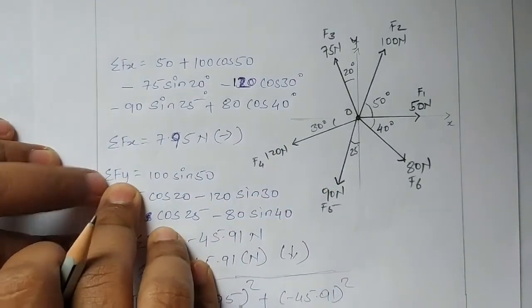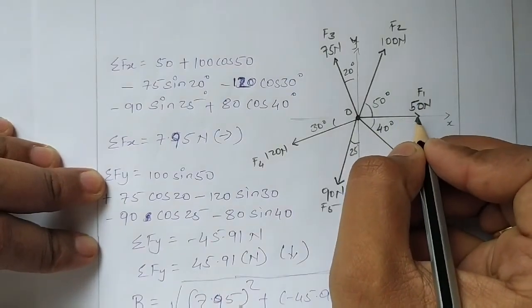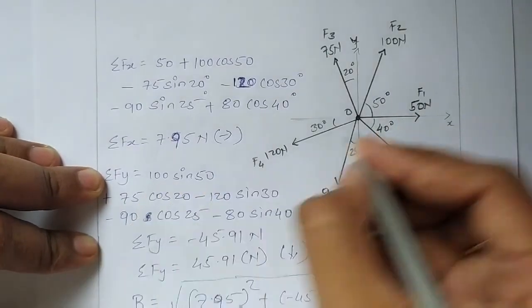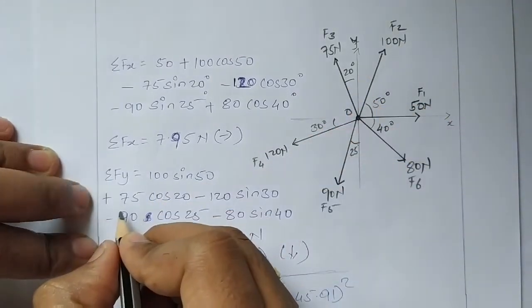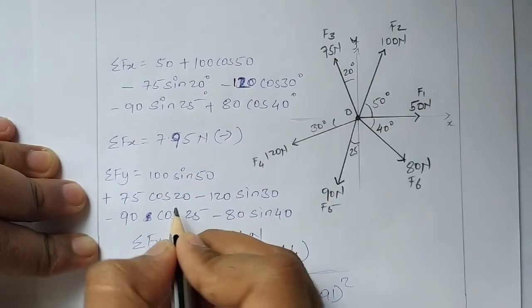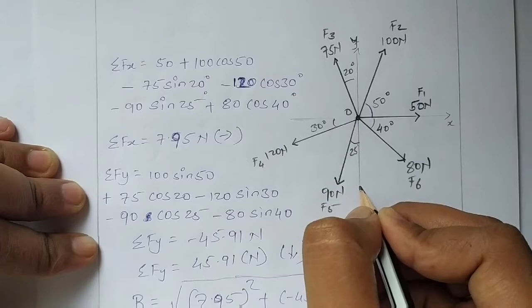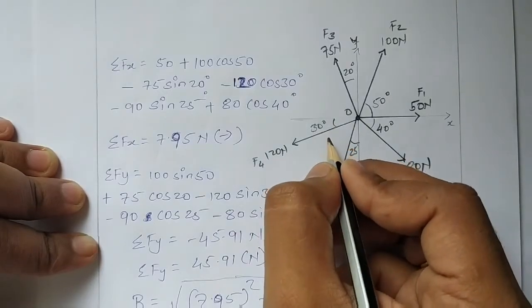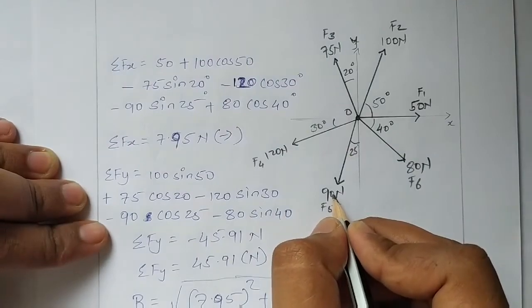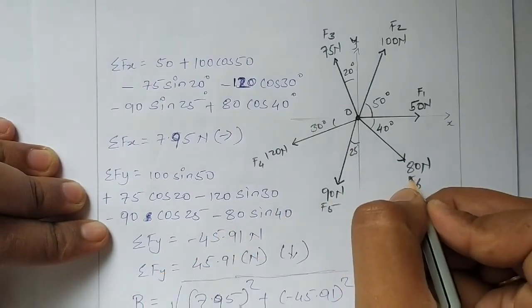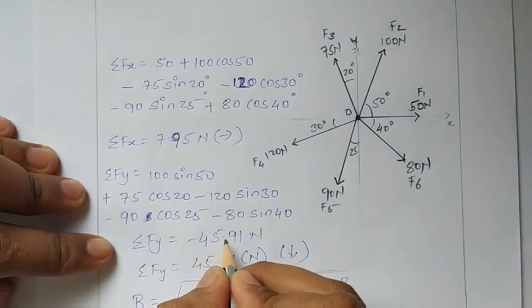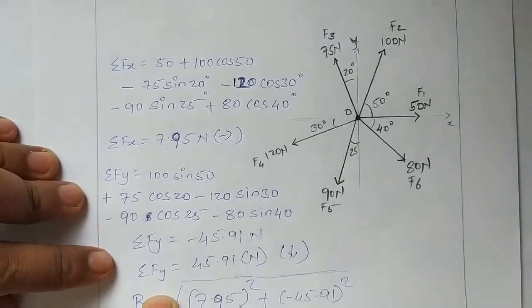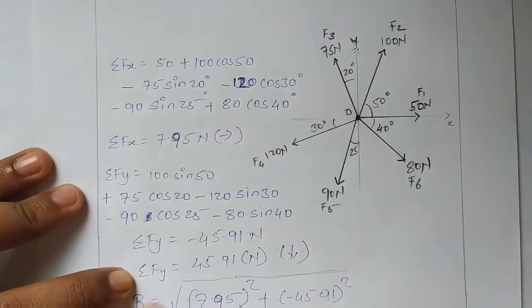Similarly for Fy: the first force doesn't have any vertical component, then the second force is 100 sin 50, then 75 cos 20, then minus 120 sin 30, then minus 90 cos 25, then minus 80 sin 40. Which comes out to be minus 45.91 Newton. So summation of Fy is downwards, that is 45.91 Newton.